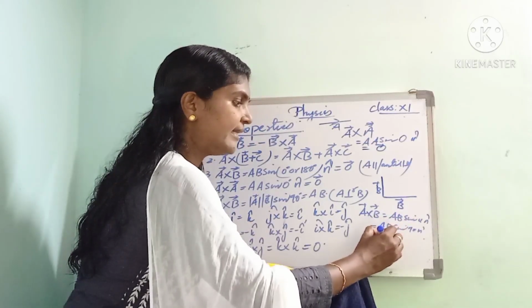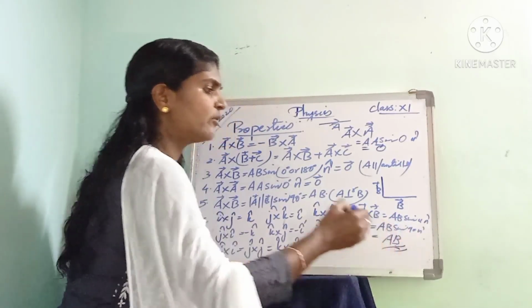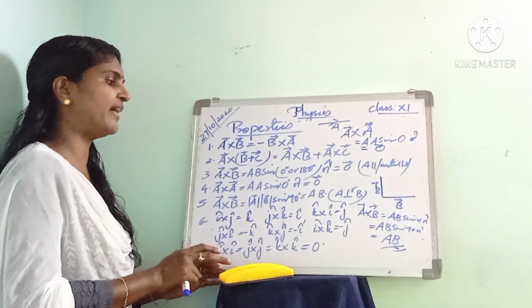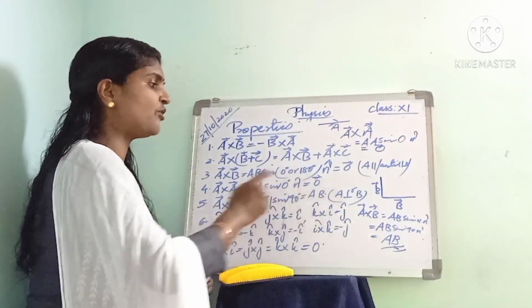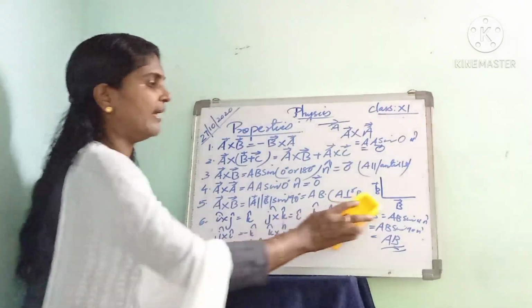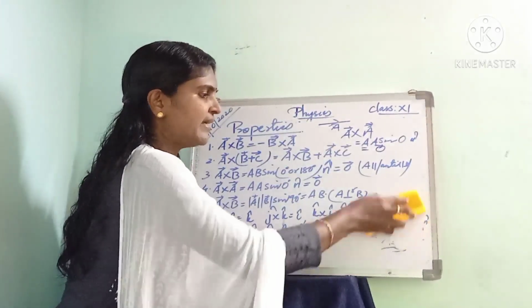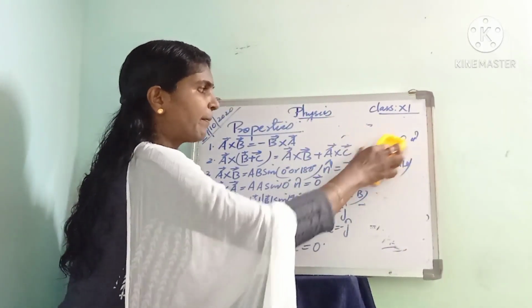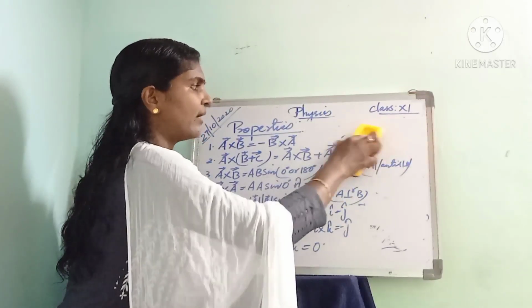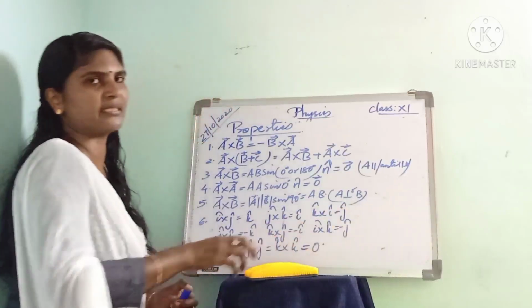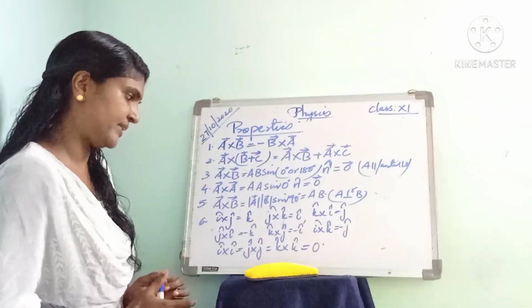Sin 90 is 1, so I will get the magnitude of the product AB. If the two vectors A and B are perpendicular to each other, then the cross product of the two vectors is the product of their magnitudes.